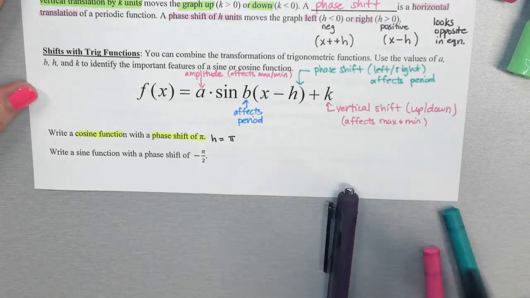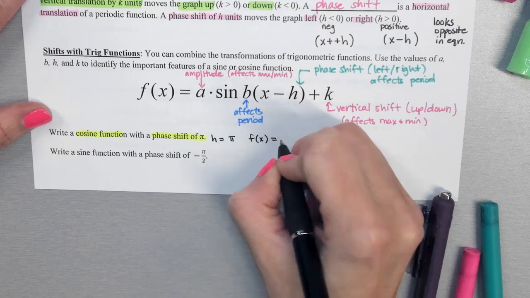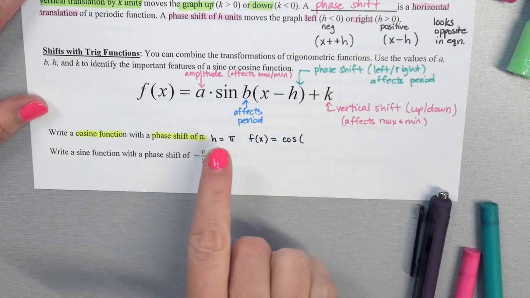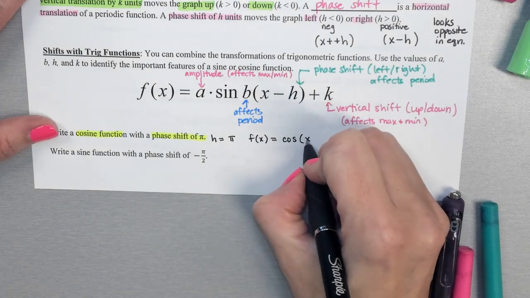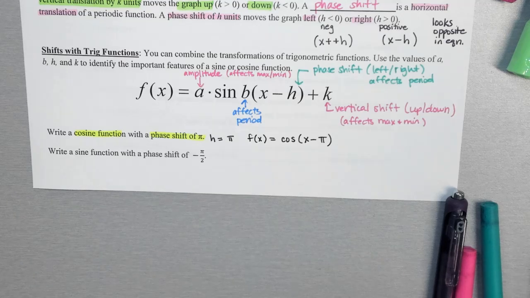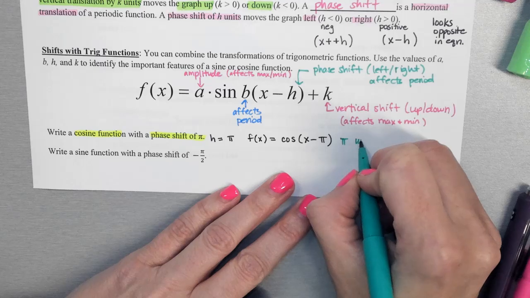Okay, so we're going to write f of x equals, we're just going to make all the other values 1. So this is going to be the cosine of, if it's positive, what you would see is x minus pi. Okay, what that means is you move pi units right.